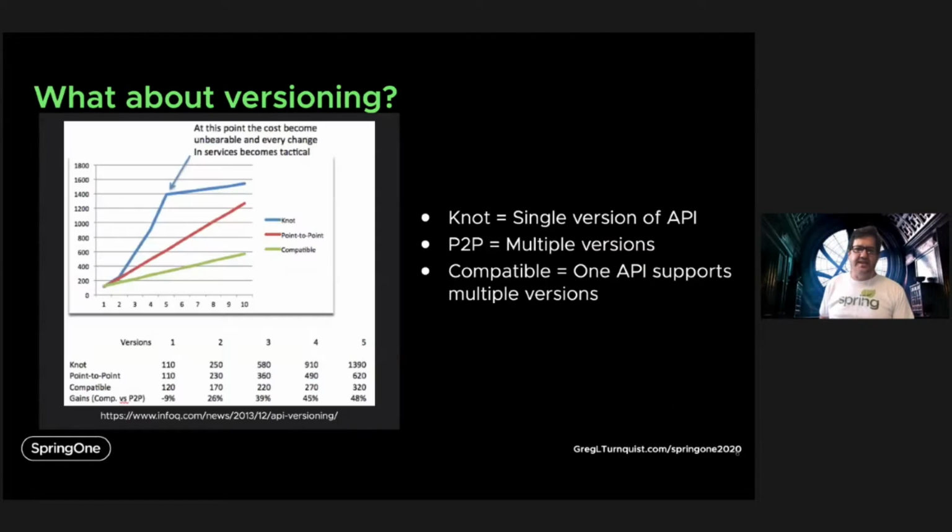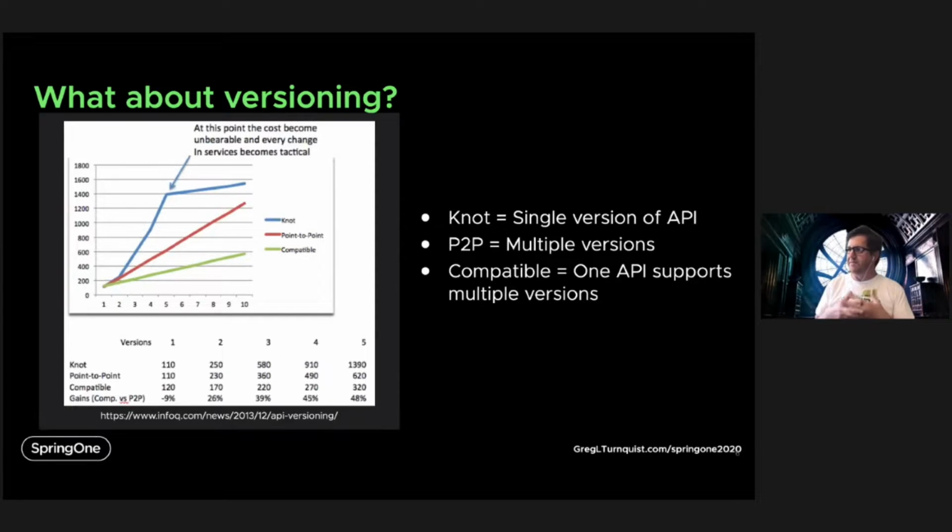Well, there's actually been academic research out there about versioning. What's the impact of running two different versions of your API? This study, done seven years ago, there's a link at the bottom, has three different characteristics. The top bar shows what happens if you just run one API, and every time you make an update, you push it out and force everybody to upgrade. It shows that after a certain point, the costs start to rise so heavily that changes slow down, and every calculation becomes tactical.